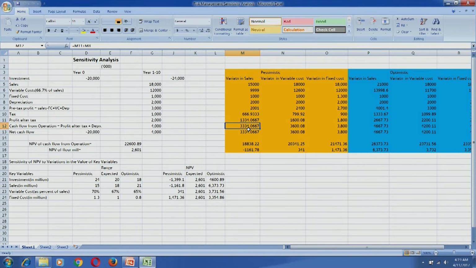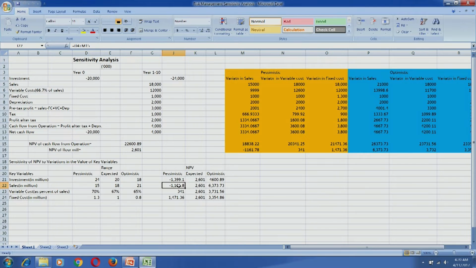Cash flow from operations can also be calculated and this is your net cash flow, right, and this value is your final NPV for this particular project. It is minus 1161. So, what is NPV when sales is 15,000 is here, right, this point. So, this is the NPV when we changed sales from 18,000 to 15,000.